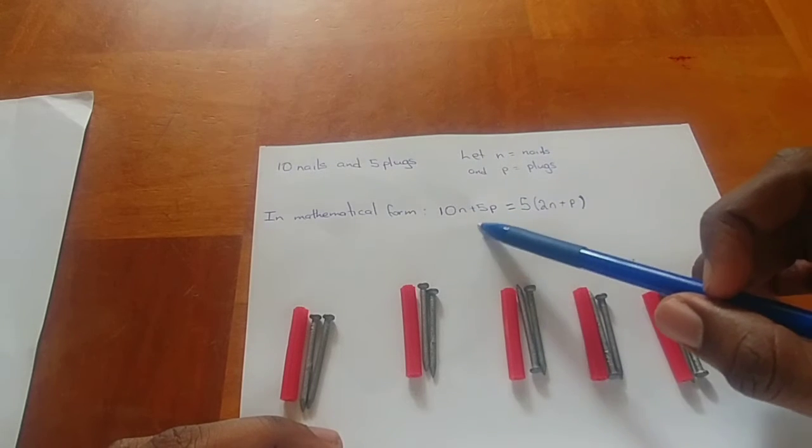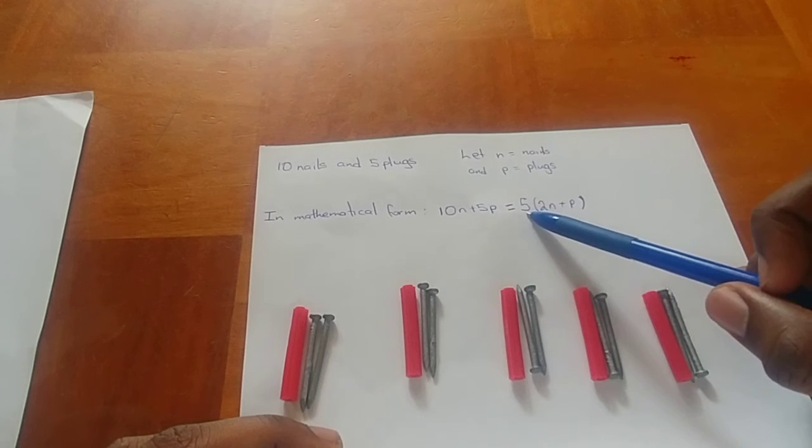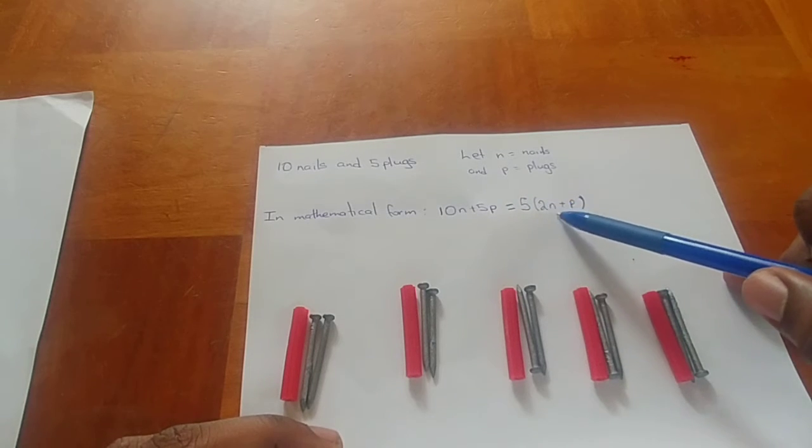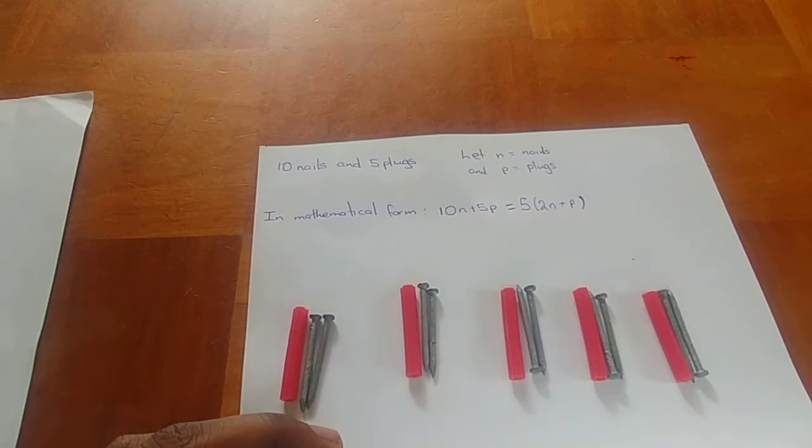So 10n plus 5p is the same as 5 by brackets 2n plus p. Now this is factorization. Let us do another scenario.